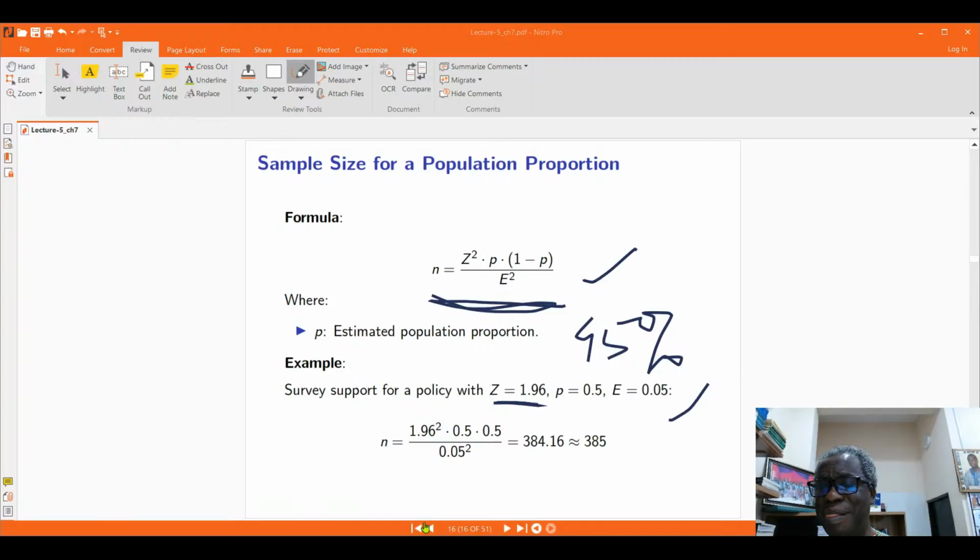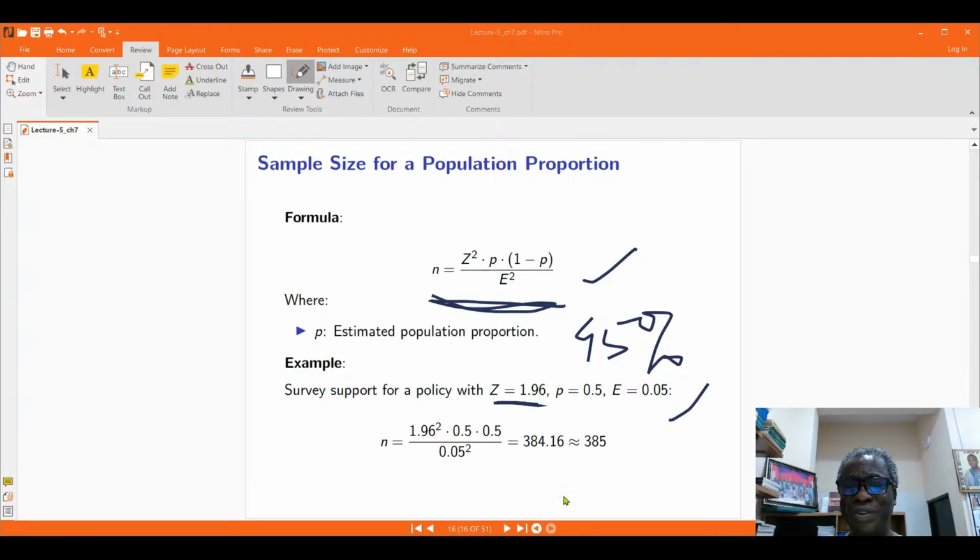That's the implication. Do you want to start going down again, Nagiat? So if I say 383 is okay, then you want to go to even 300. Yeah, Nagiat, to be on the safer side, you can round up rather than round down. We actually round up. We rounded up in this case to 385. So that's a good one.